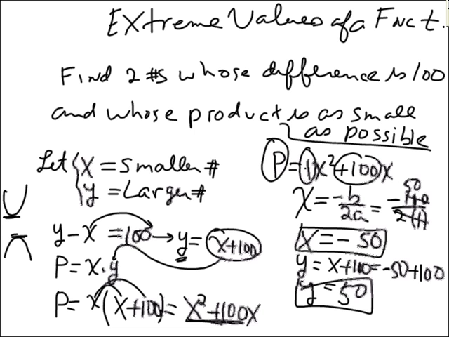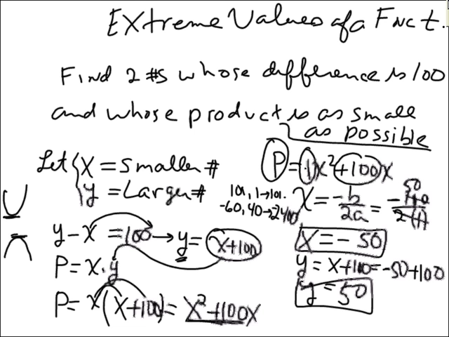The difference is 100 and the product is as small as possible. Other numbers that differ by 100 would be, say, 101 and 1. Their product is 101. Our product was a lot smaller. You can have negative 60 and 40. Their difference is 100, but their product is negative 2,400.